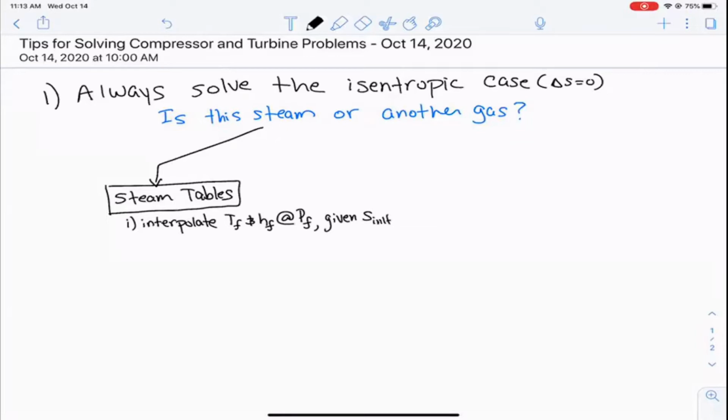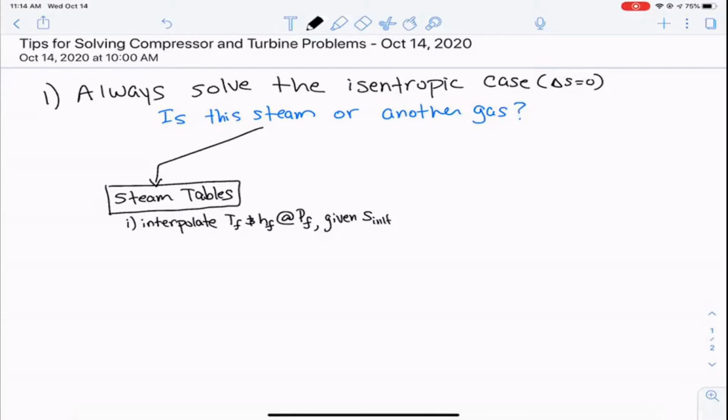And that's where the interpolation comes in. Hopefully, as you continue to solve example problems, you become more and more comfortable with the interpolation process, because that's going to be important. At some point, we're going to be double interpolating, where the pressure lies between two values in the steam table and the temperature lies between two values. So we'd really like to become comfortable with this single variable interpolation before we move forward into that.